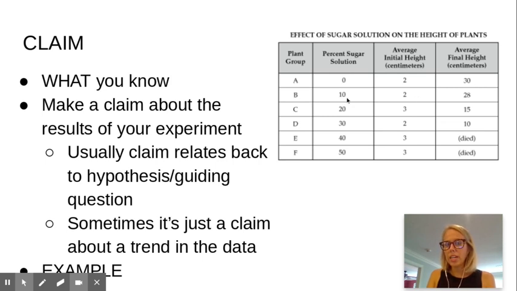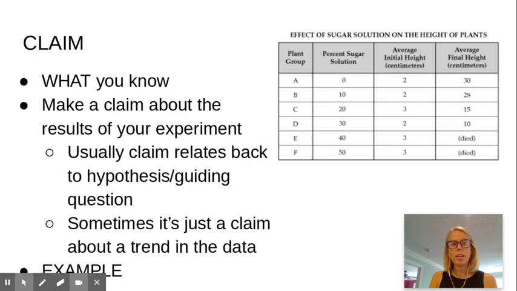Plant group B got a 10% sugar solution and still grew 28 centimeters. Plant group C had a 20% sugar solution and grew 15 centimeters. Plant group D had a 30% sugar solution and grew 10 centimeters. Plant group E, 40% sugar solution, died. And plant group F, 50% sugar solution, died. So there's our data set.